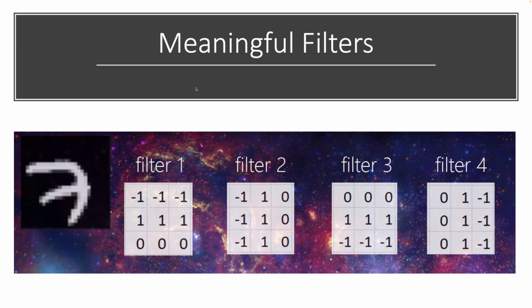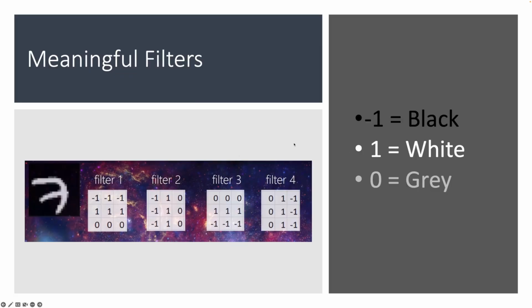So here we can look at some examples of filters. Again, these are just example predetermined filters. We're going to eventually hope that our convolutional layers will learn these by themselves. But to decode this, we have kind of a reverse image here. So we have light pixels on a black background.